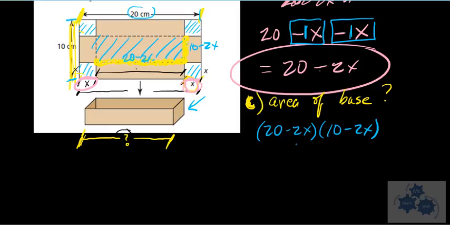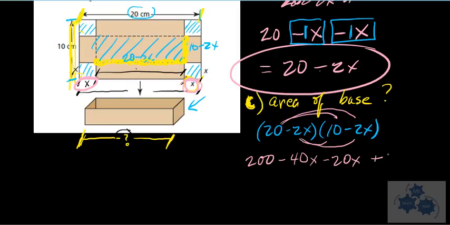So do we know how to multiply two binomials? Yep, sure do. So let's go. What's 20 times 10? 200. What's 20 times negative 2x? Negative 40x. And what's this one? Negative 20x. What's negative 2x times negative 2x? Plus 4x squared.